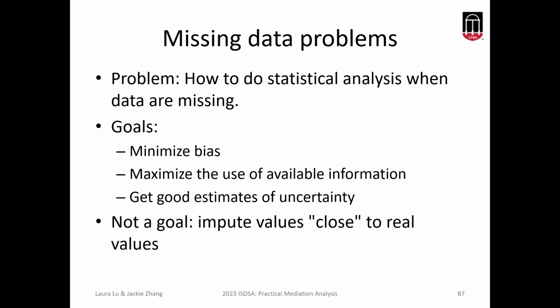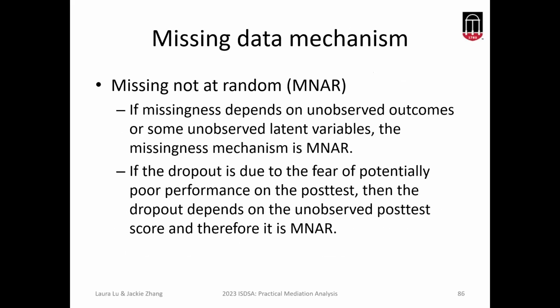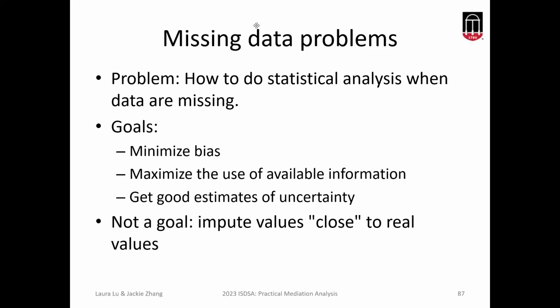If you really want to model the missingness, you have to know this mechanism, and we'll have different model setups. So missing data problems are about how to analyze data when they have missing values. We have some goals. We're trying to minimize the bias.